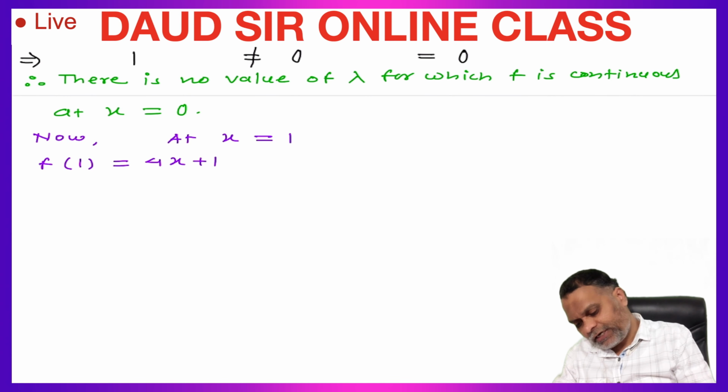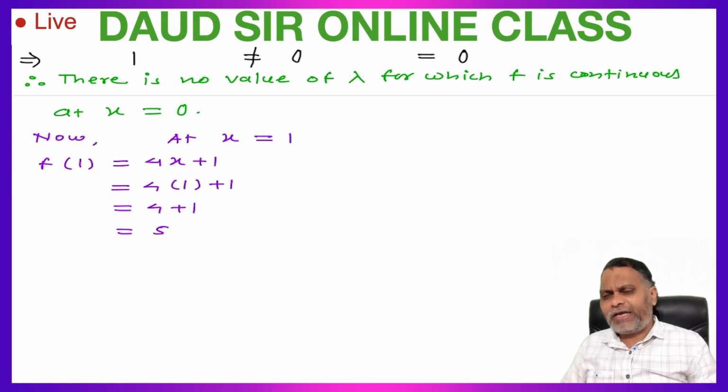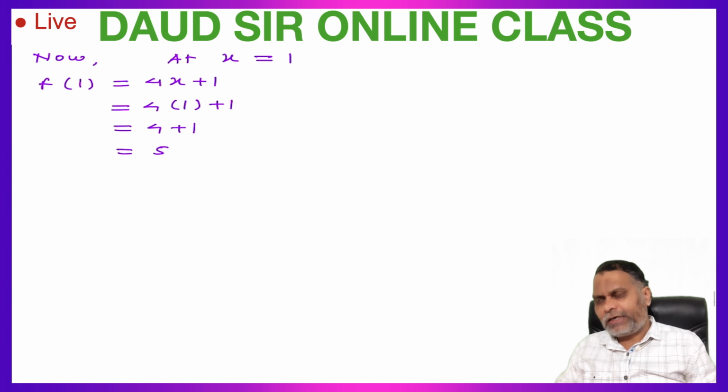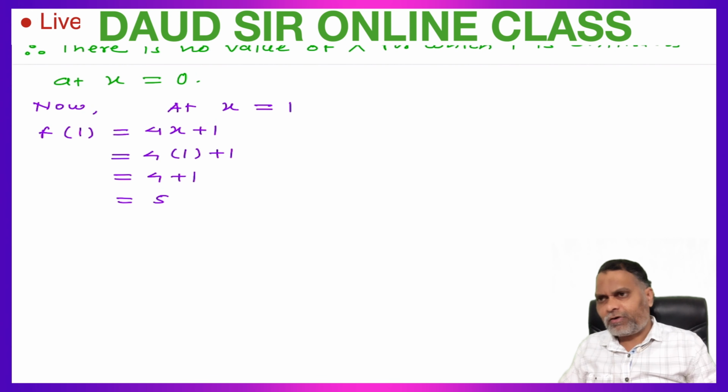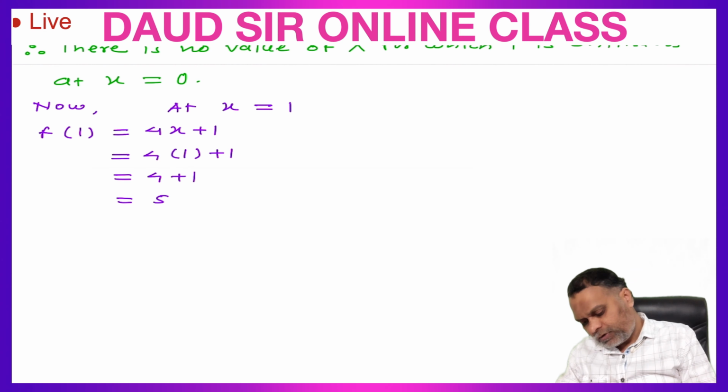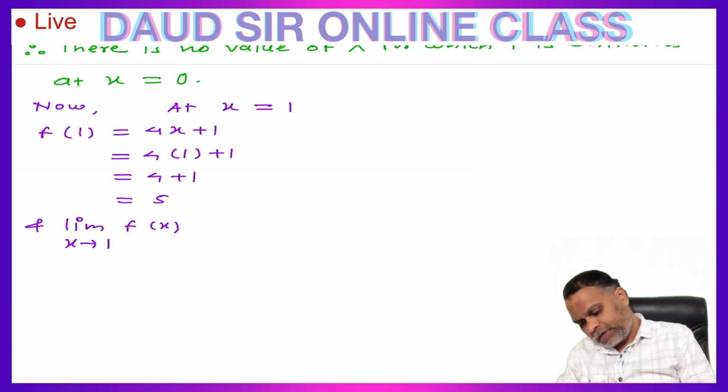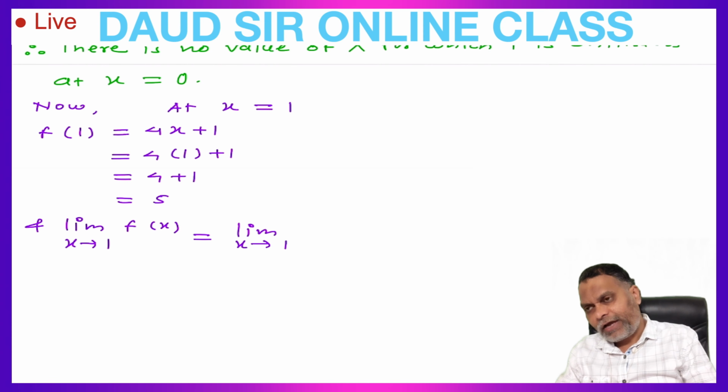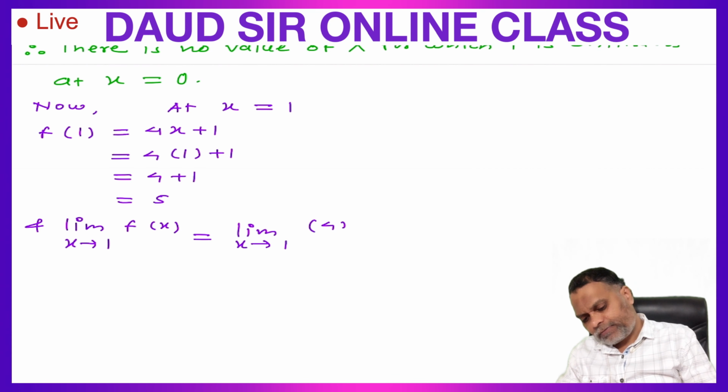Substitute x is equal to 1 here: 4 into 1 plus 1, which is 5. Here there is only one point x is equal to 1, so we can calculate the direct limit. The limit x tends to 1 of f of x is equal to limit x tends to 1 of the same function, 4x plus 1.